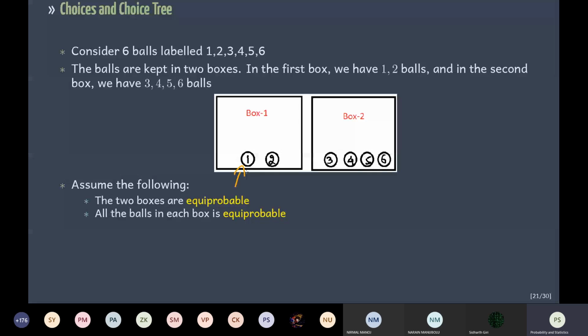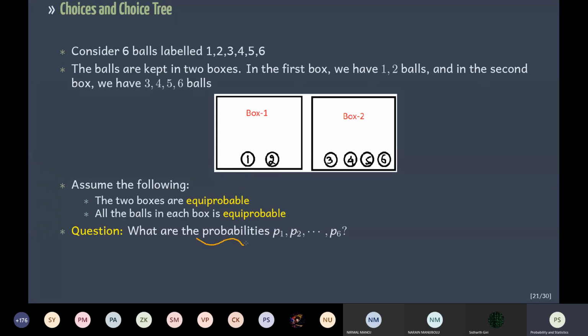So you don't have a case where ball numbered 1 is really big compared to the others, making it a bit more probable to pick. We are not assuming that. So in box 1, picking 1 or 2 is equally probable, and in box 2 also, the probability of picking balls 3, 4, 5, 6 is equally probable.